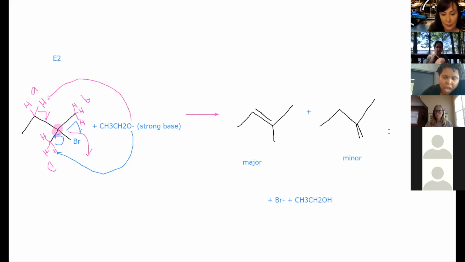Oh, Dr. Williams. Yes. Someone in the Zoom group chat put, I think it was Taylor Carmody, that the video had talked about the mono, di, and tri-substituted, and what exactly does that mean related to this, or is that even for the elimination reaction?